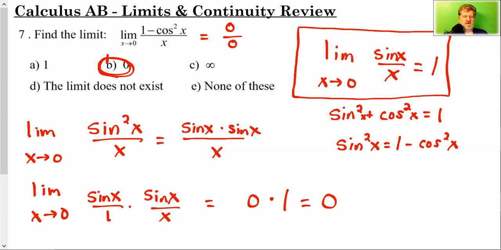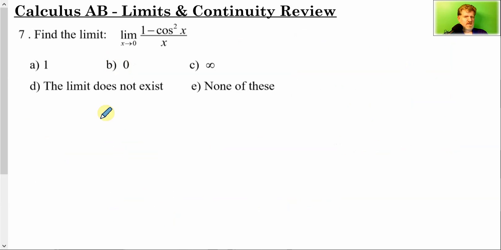I'm going to duplicate this page and do it a second way. Second way that may be easier, because here you're going to use something called L'Hopital's Rule. L'Hopital's Rule is a rule that follows a pattern: the limit of a ratio is equal to the limit of the ratio of the derivatives. Here's what I mean.